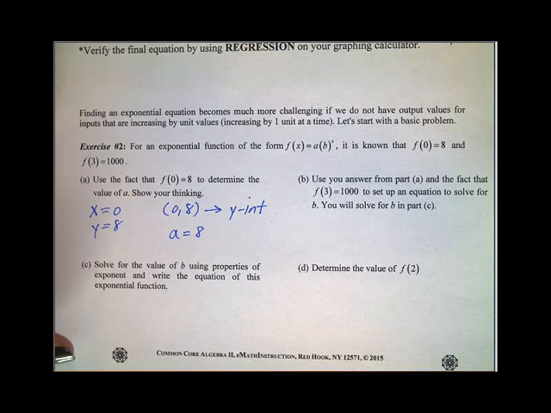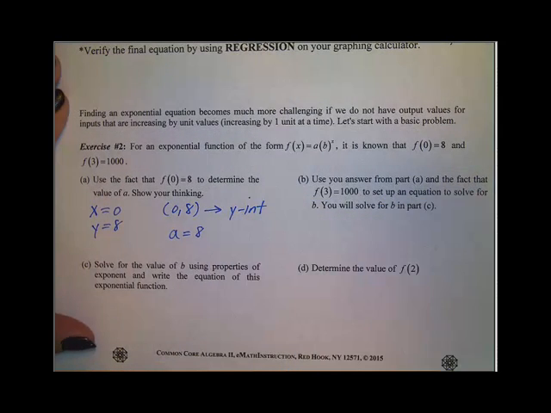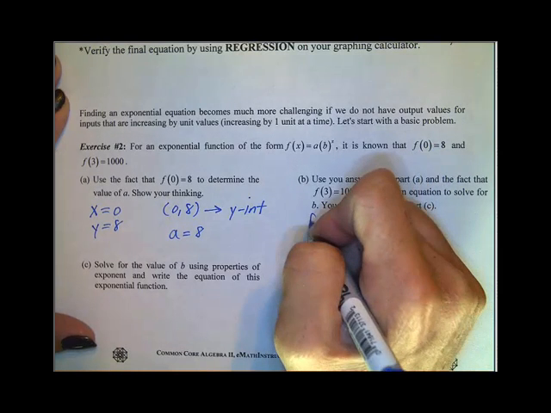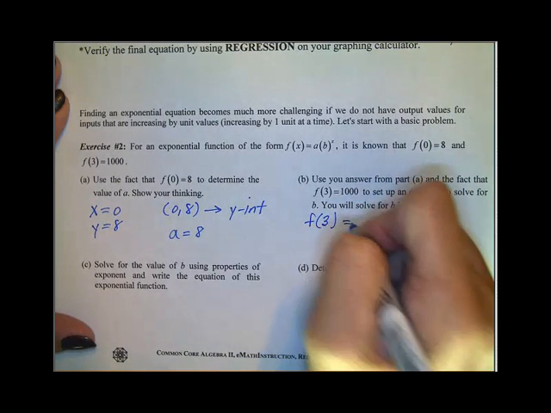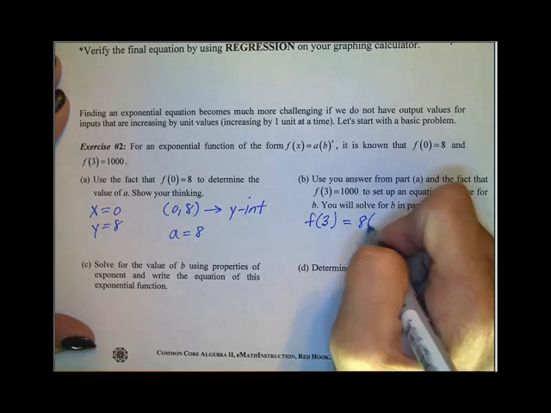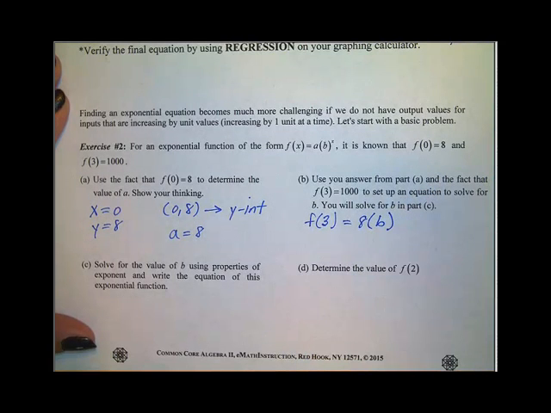So now in part B it says use your answer from part A and the fact that f of 3 equals 1,000 to set up an equation to solve for b. You will solve for b in part C. So we're going to use our equation f of x. So we're finding f of 3. We know that a is 8. We're looking for b.